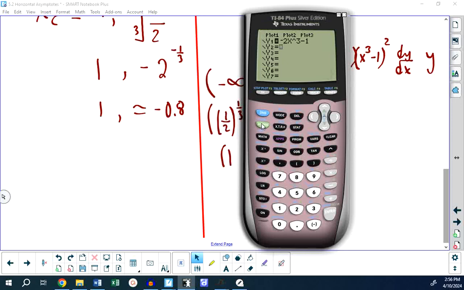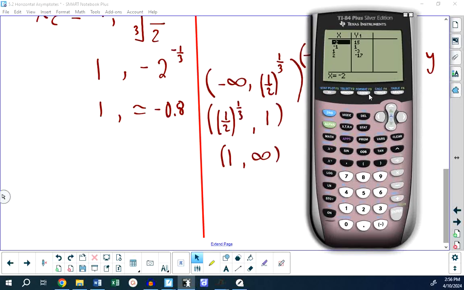Go to your table. Put in a number that's in this interval, like negative 5. I get a positive. Put in a number that's in the next interval, 0.9. I get a negative. Put in a number that's in the third interval, 8.